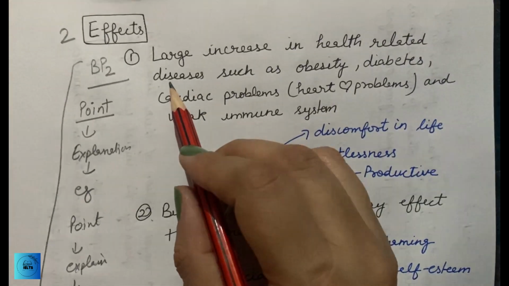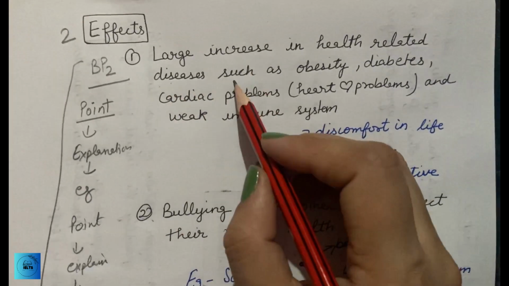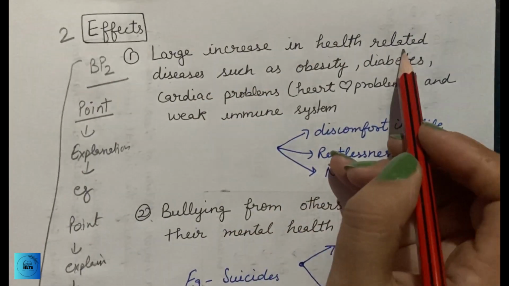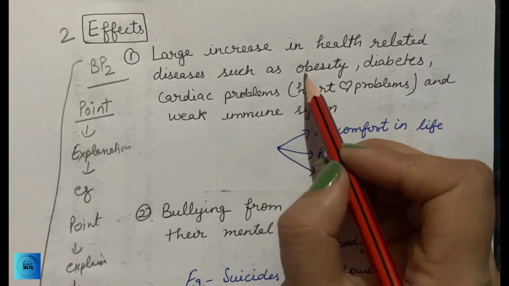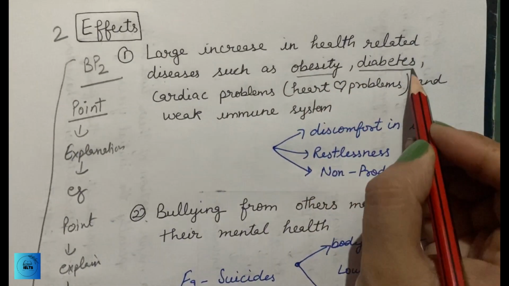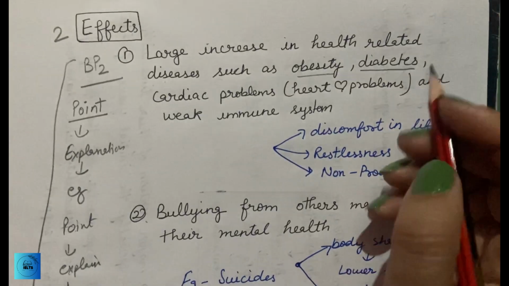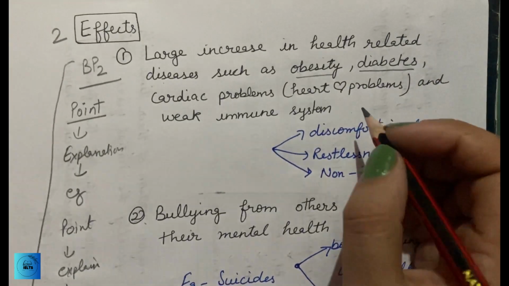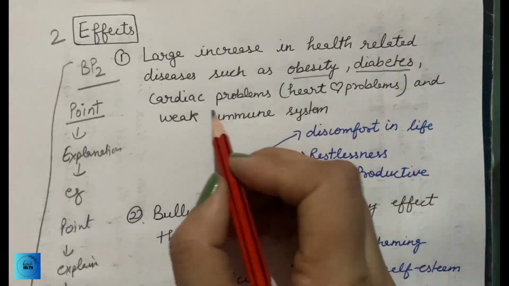Such individuals who are fat, who are obese, are vulnerable to other health issues as well, such as obesity. Obesity means motapa. And then the second is diabetes, which is commonly called sugar in society. So diabetes and cardiac arrest.